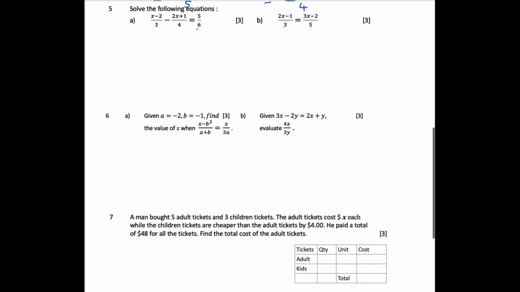The LCM is 12. So we multiply by 12 throughout. We multiply by the LCM so that we can cancel the denominator.